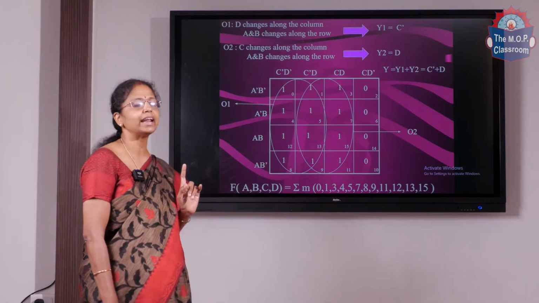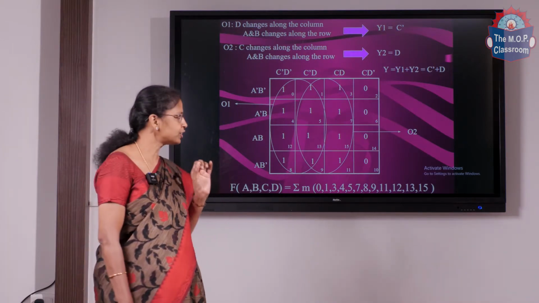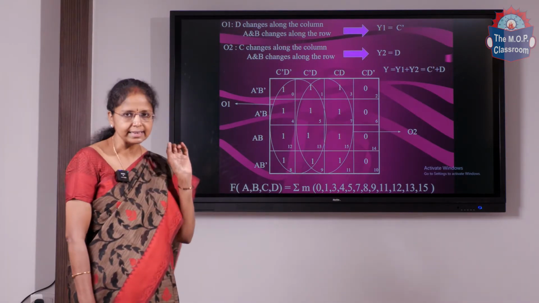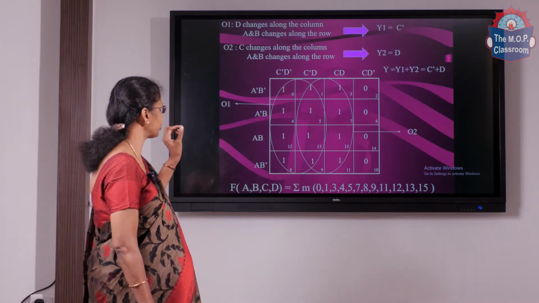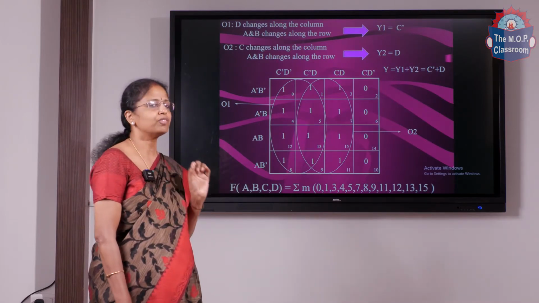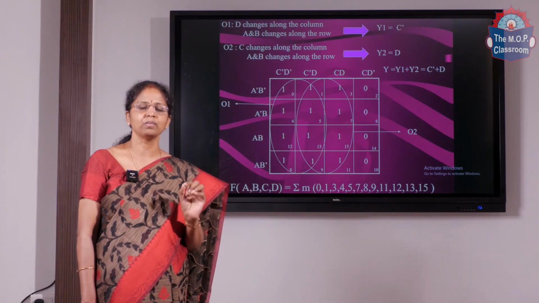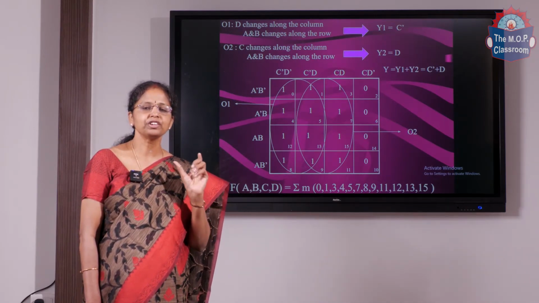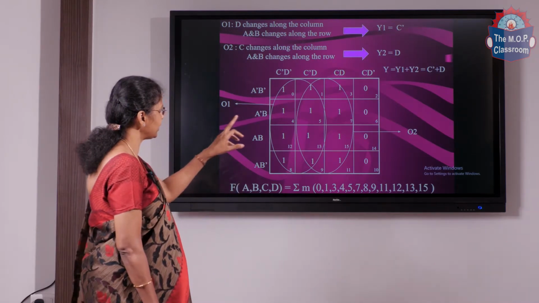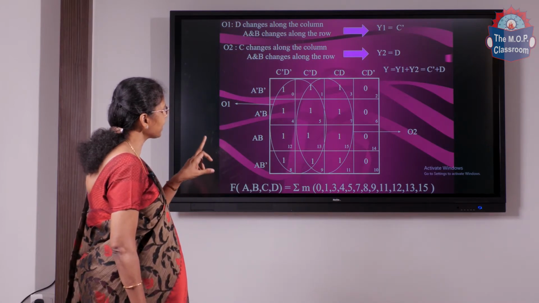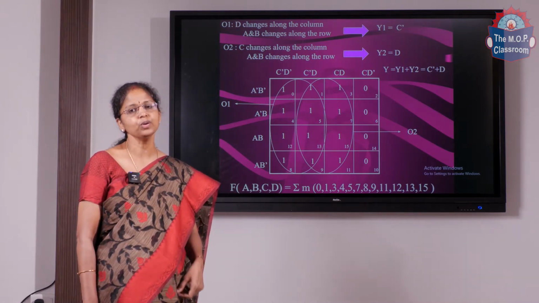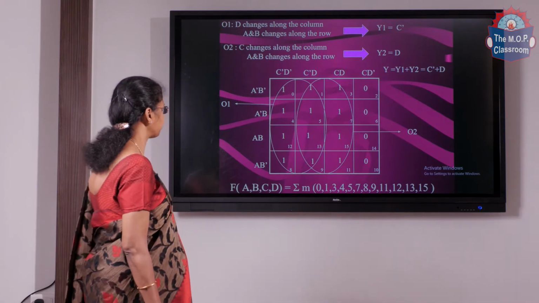So, finally, we are left with D. So, octet 2 is represented by D. So, we have an expression for octet 1 and octet 2. So, the final equation is nothing but the sum of the expressions for the 2 individual octets. Finally, y is equal to C prime plus D.